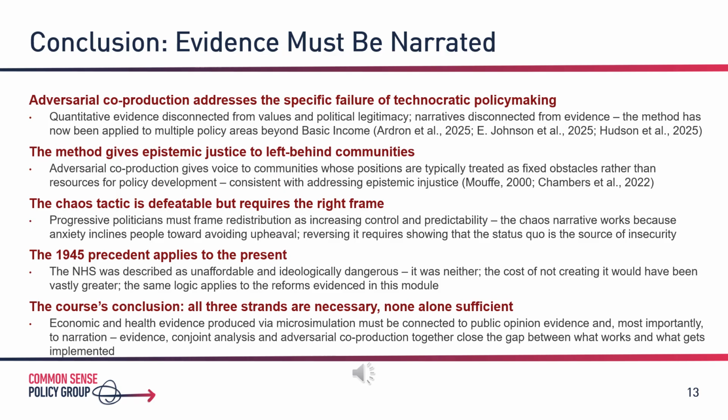The safeguards are qualitative review of narratives produced, and the observation that the method is not asking opponents to design policy. It is asking them to identify what would persuade people like them of the merits of a specific, predefined policy. The risk of extremist distortion is manageable. The risk of continued alienation of left-behind communities, if the method is not used, is not.